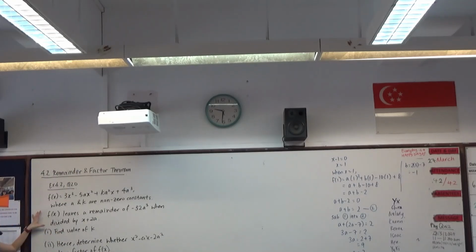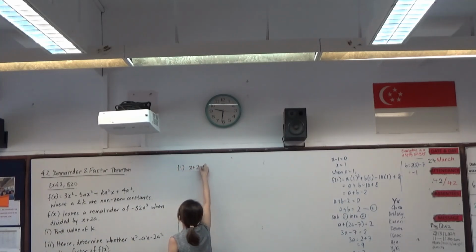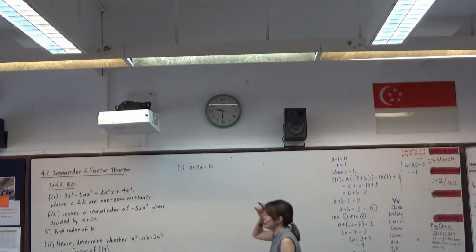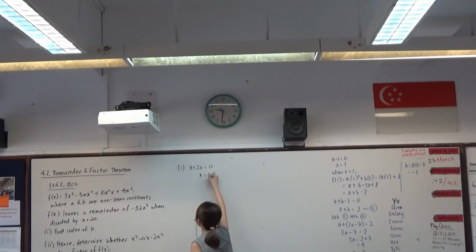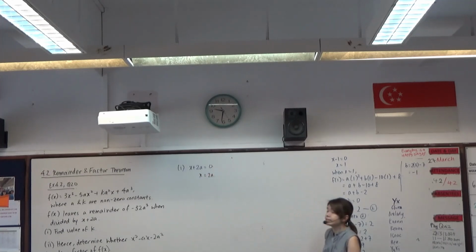The way that we're approaching this question doesn't differ from what we were doing earlier on. So long as we know that the remainder is this and the factor is this, what is the value of x that we need? Because x is the variable, to help us find the value of k for that divisor x plus 2a, we let it equal 0, and we say that x is equal to negative 2a.